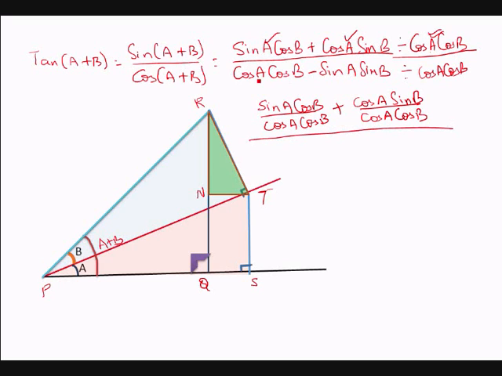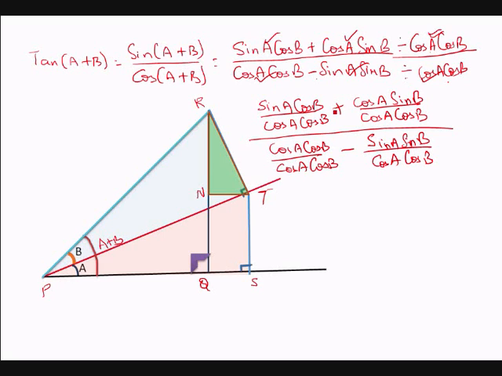In the denominator we have cos A cos B over cos A cos B. So it is going to be 1 in the next step. This is minus, therefore minus sin A sin B over cos A cos B.